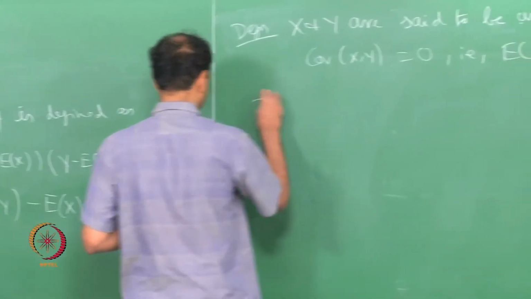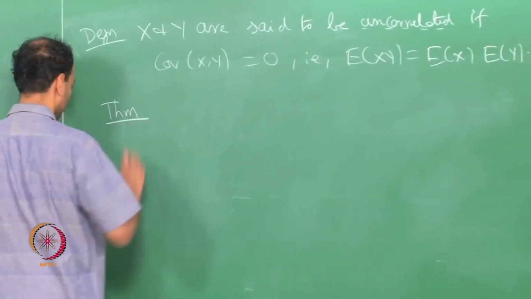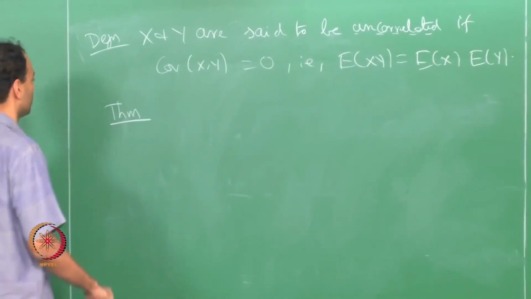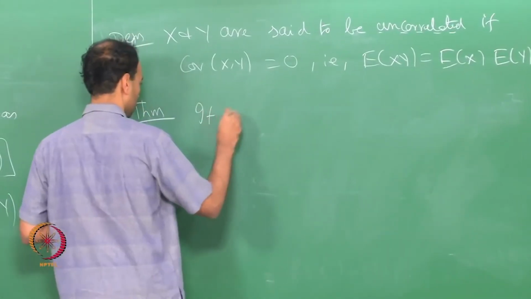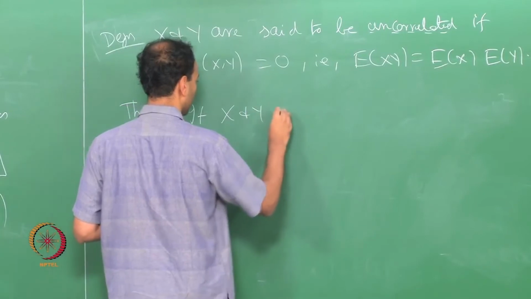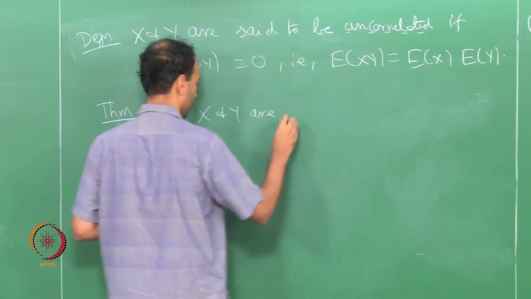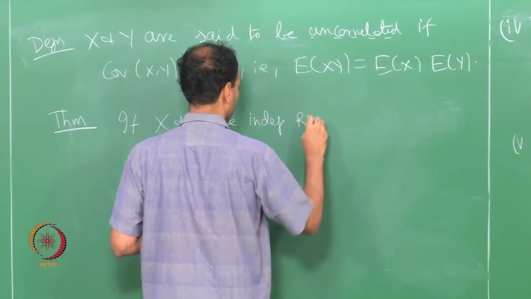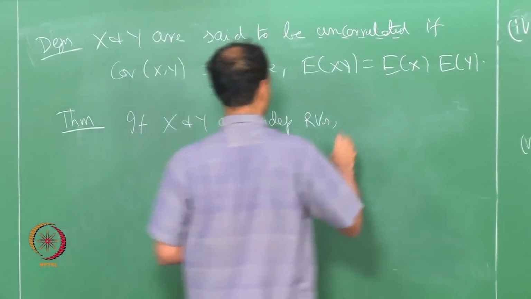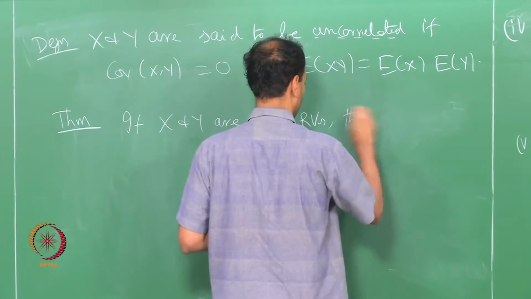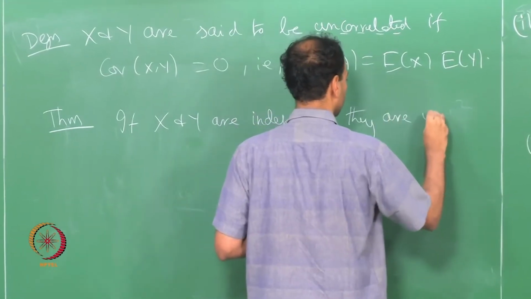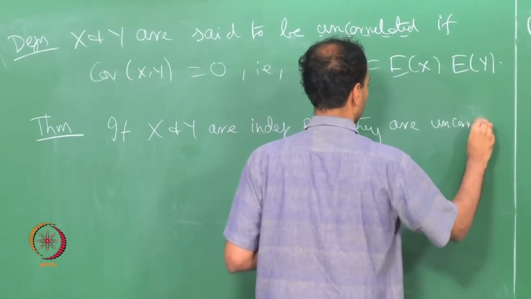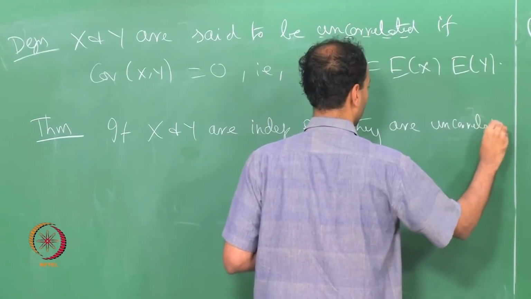Now, this is an important theorem. If x and y are independent random variables, they are uncorrelated.